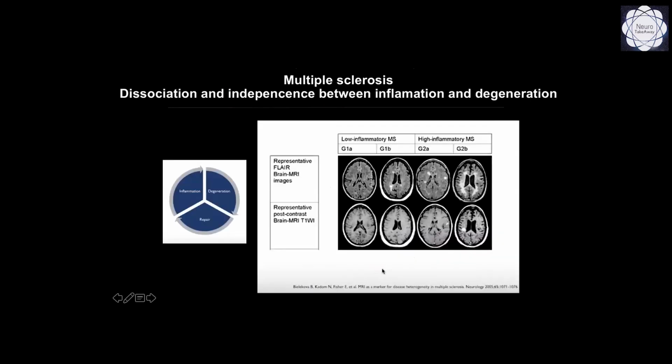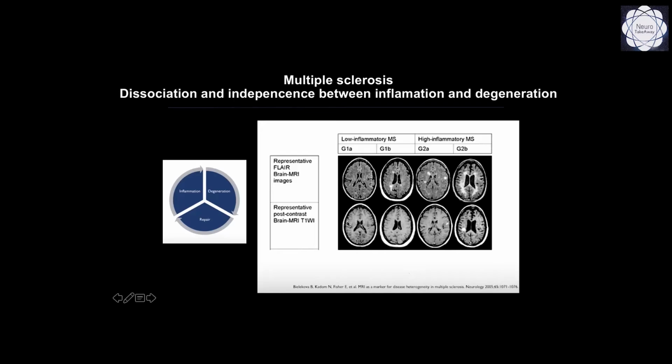And in 2005, Bielekova published this very interesting paper showing that the pattern on imaging may be dissociated regarding the presence of inflammatory or neurodegenerative characteristics.